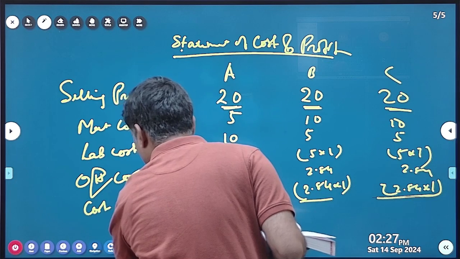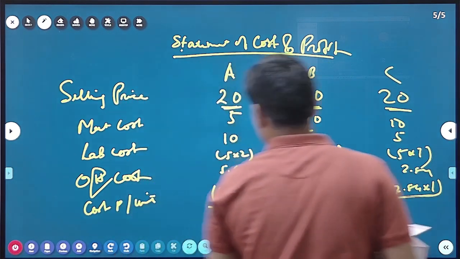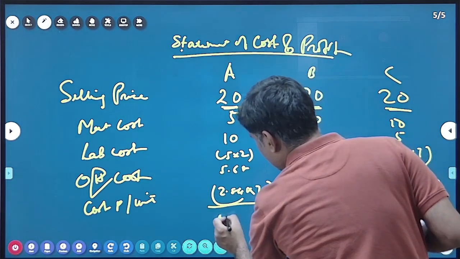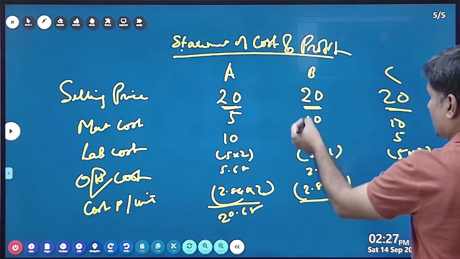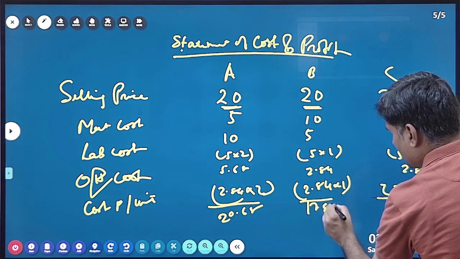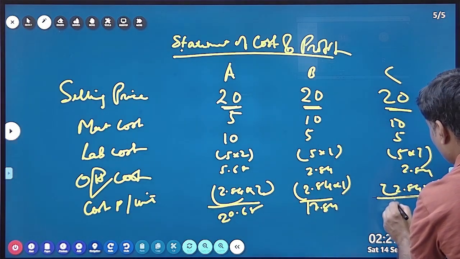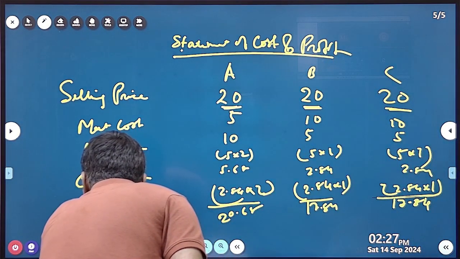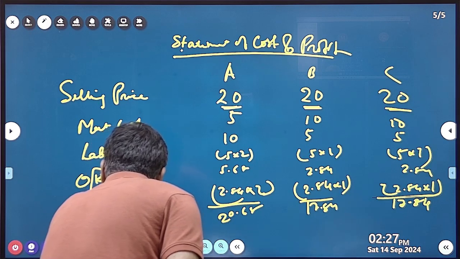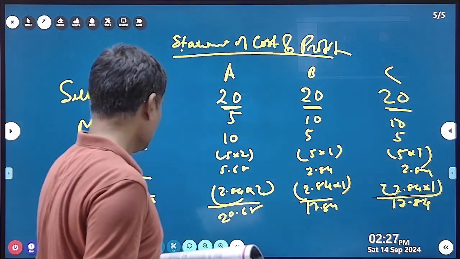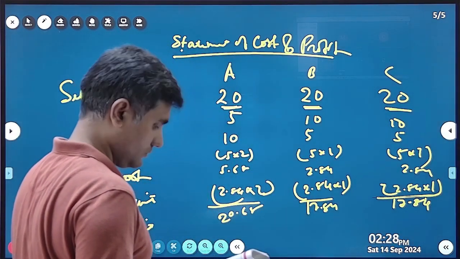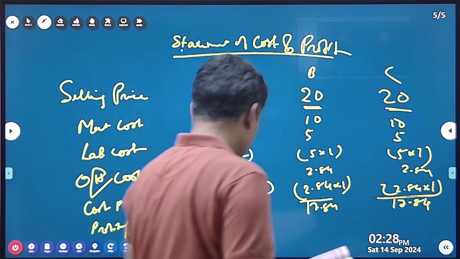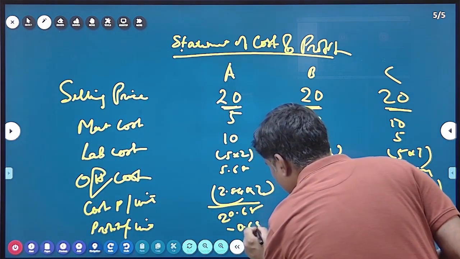So cost per unit is how much? 5, 10, 15, 20, 20.68, right? 15, 17.84. This one, 17.84. So it will be profit per unit. Profit per unit how much? For A, minus 0.68.